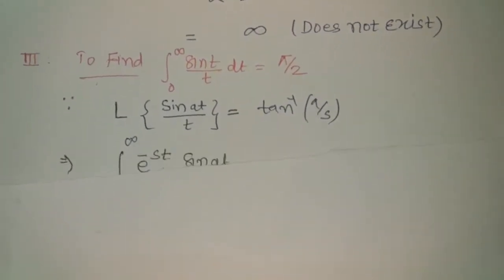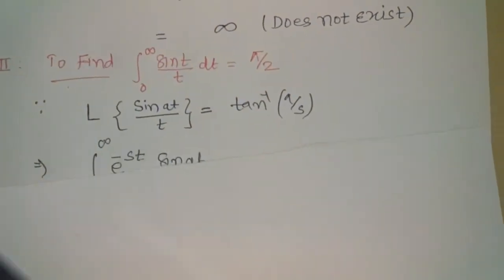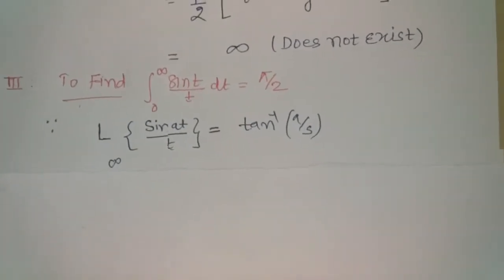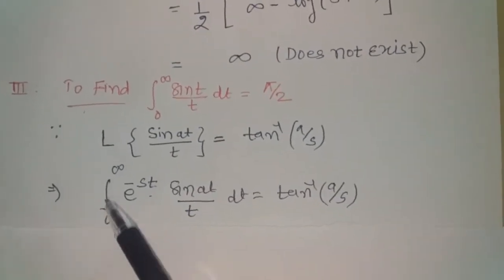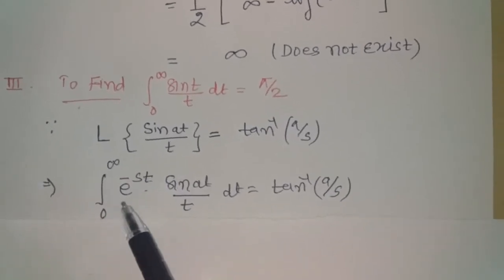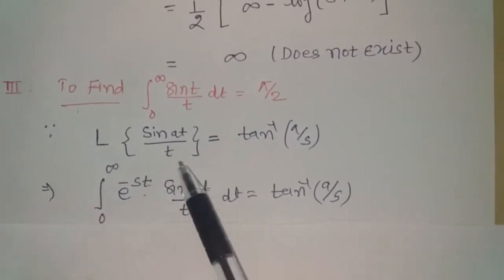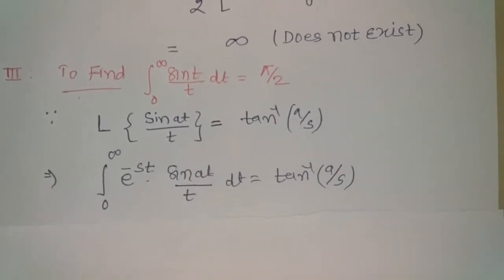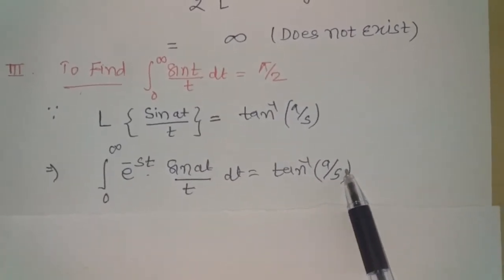So on the left hand side we apply the definition: the integral from 0 to infinity of e raised to minus st into sin at by t dt equal to tan inverse a by s.